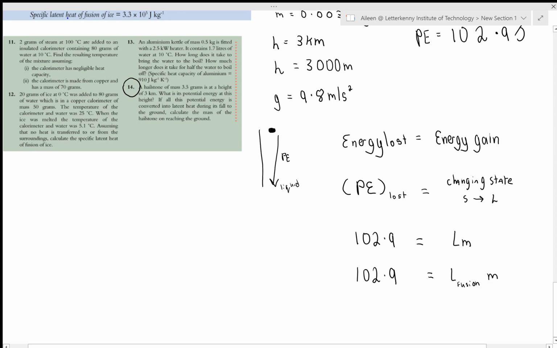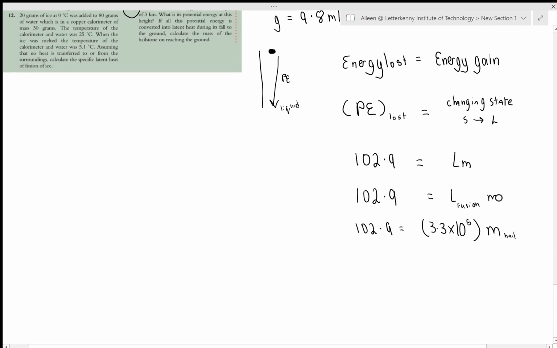Substituting in what we know, our latent heat of fusion of ice is 3.3 by 10 to the power of 5. We don't know what the mass of our hailstone that's converted into a liquid is. That's what we're trying to find.